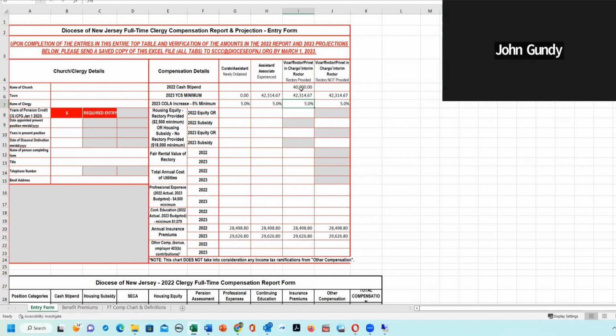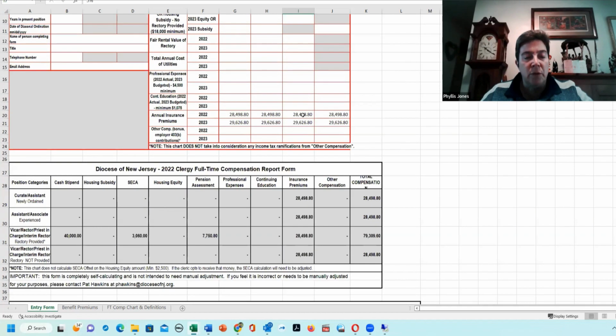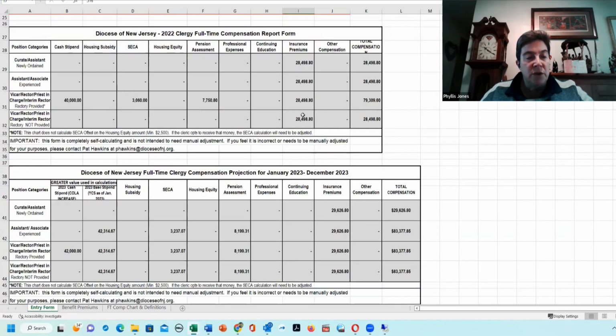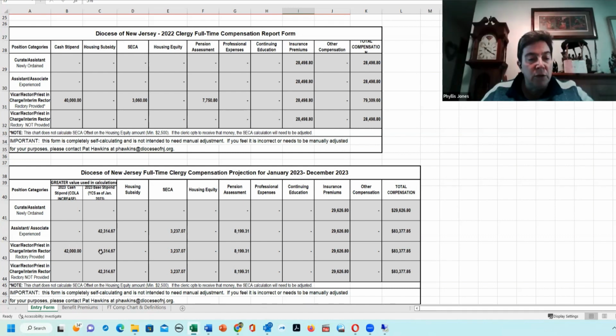Let me see what it looks like. So scroll down into the table below, Gary. You see now for 2023 in the projection, it takes the cash stipend plus the COLA increase and compares it against the base stipend based on years of credited service. It will do all of the calculations and base the compensation on the higher of those two numbers.